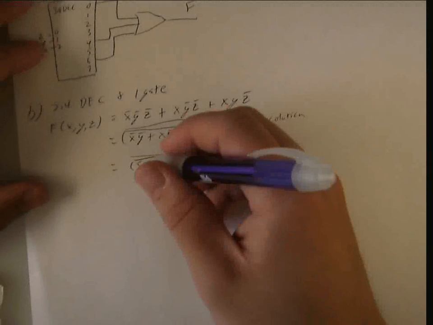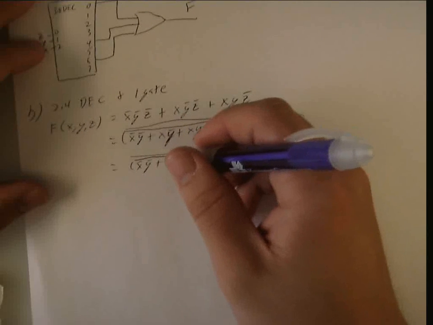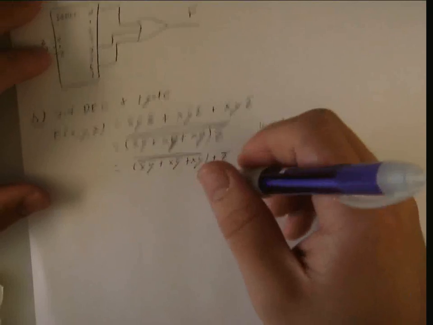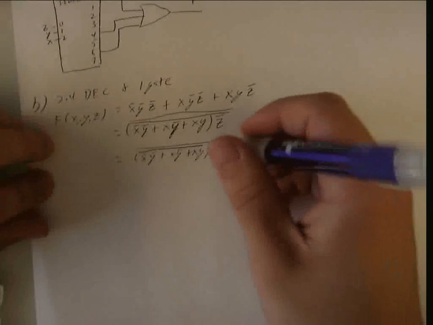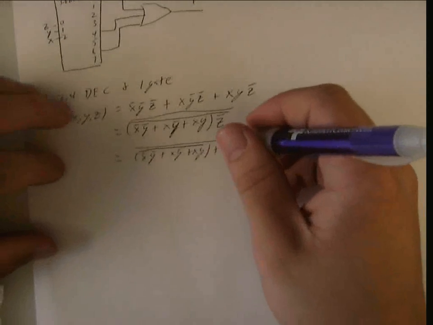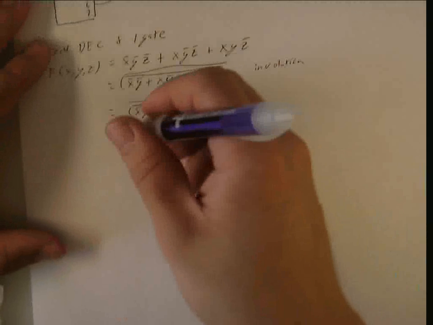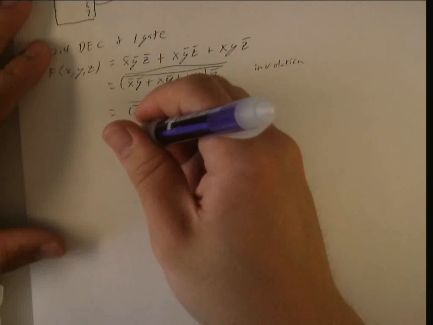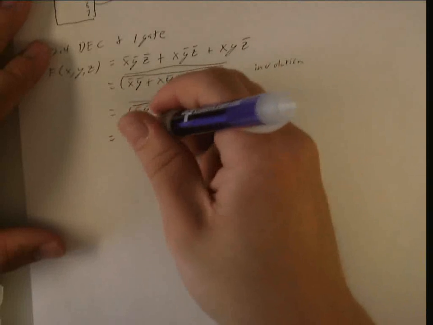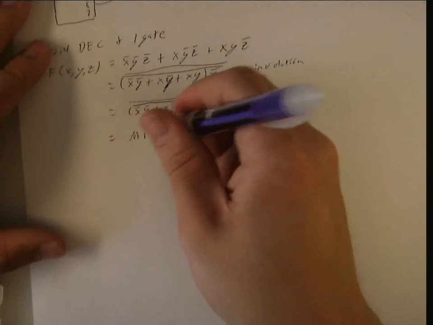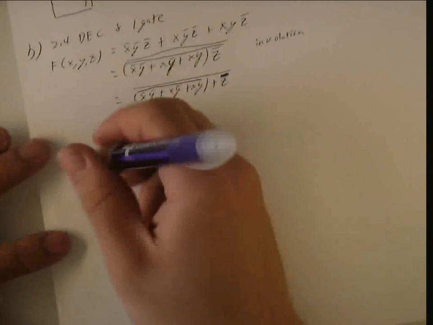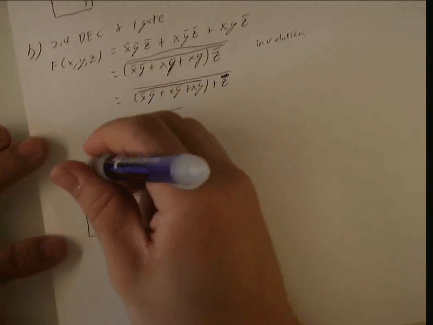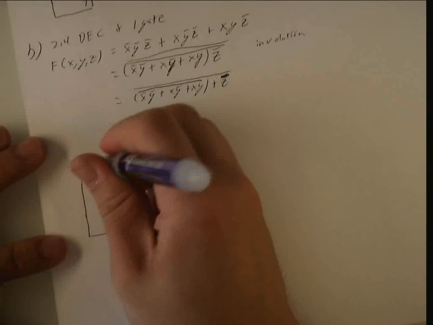So rather than take minterms 0, 2, and 3, I'm going to take maxterm 2. And so that gives me my expression, hopefully, I think. And so I'm going to take maxterm 1 NORed with z. So this is my 2 to 4 decoder.